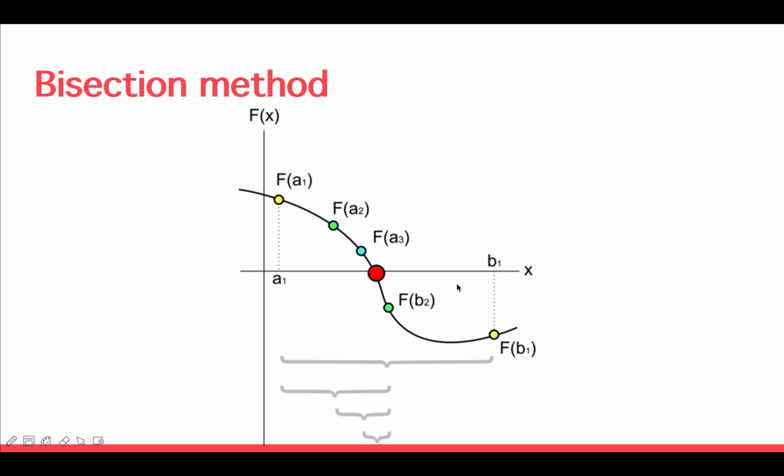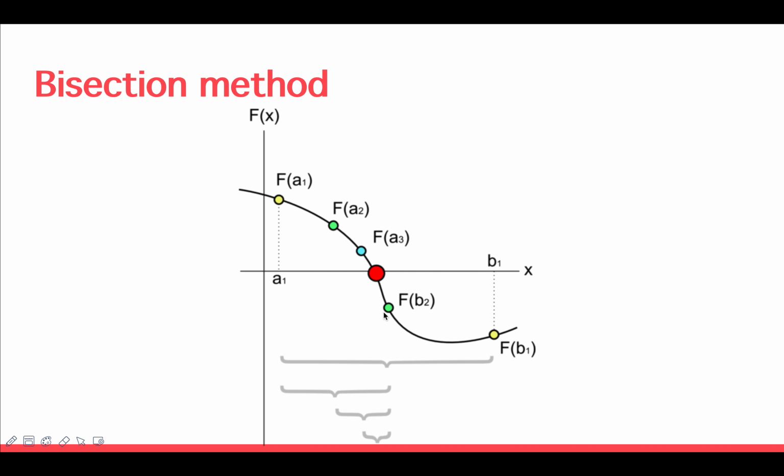Then we let C1 equal the average of A and B, and maybe here it is B2. You can use FB2 times FB1 to see if the sign is different between FB2 and FB1.